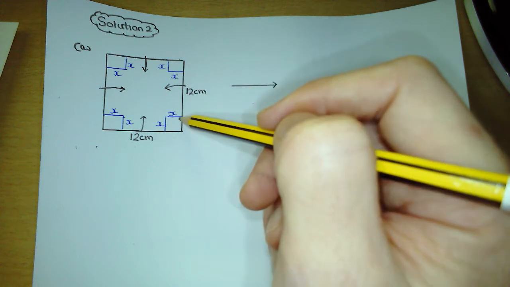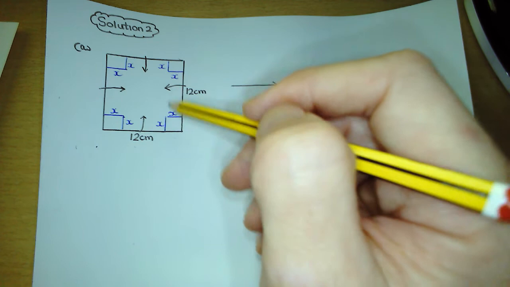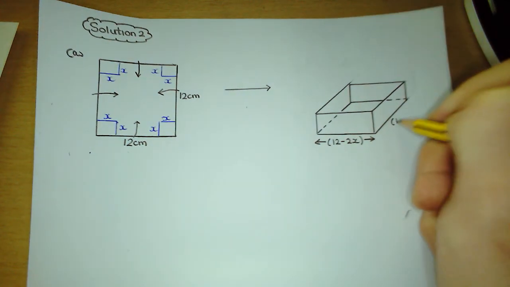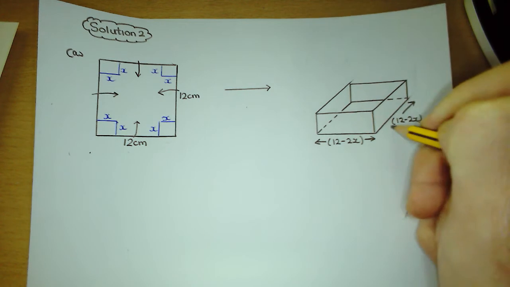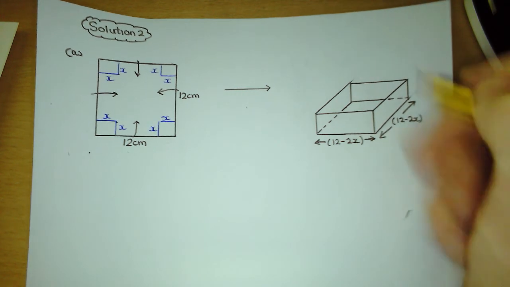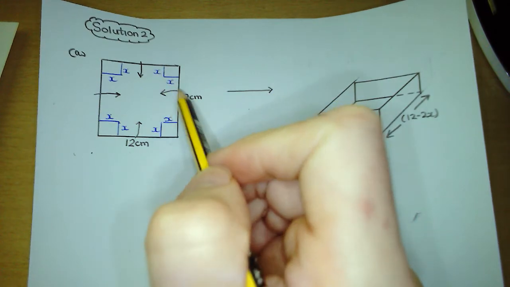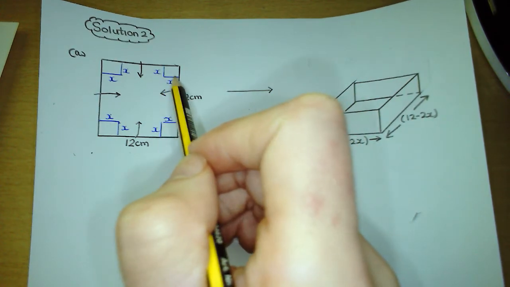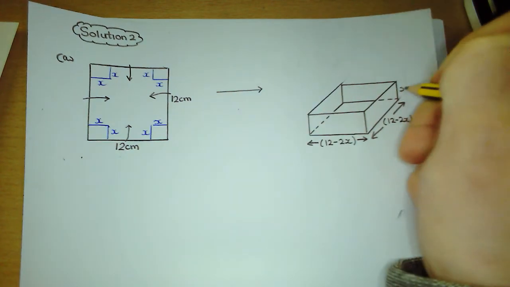So this side is found by starting with 12, taking away an x, and then taking away another x. So it's also going to be 12 minus 2x. The height of the box is actually the length of one of the squares that was cut out, because bear in mind when you fold one of these sides in, this little bit here is going to become the height. So the height of the box is just x.